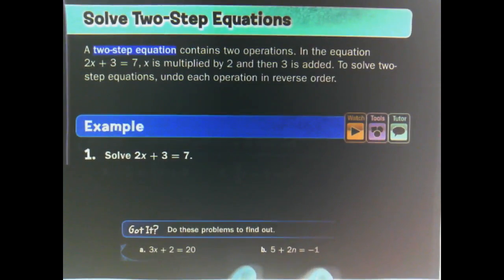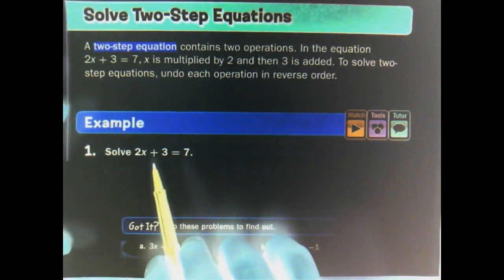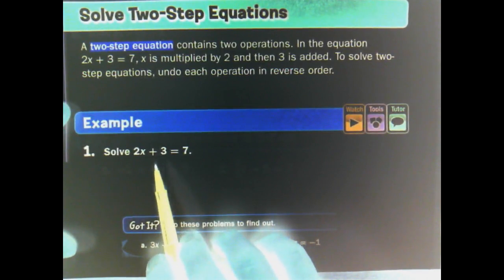So if we take a look at example number 1 here, it says solve 2x plus 3 equals 7. Now in PEMDAS, we would multiply and divide first, and then add and subtract. Well, we're going in reverse order, so we need to get rid of our addition and subtraction first. Now I have a 2x plus 3, so our inverse operation of addition is subtraction.